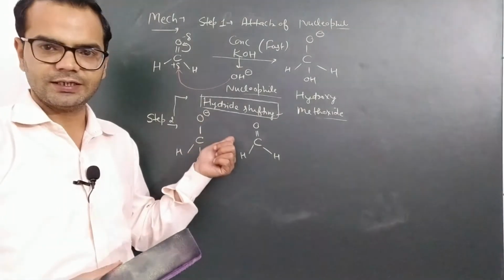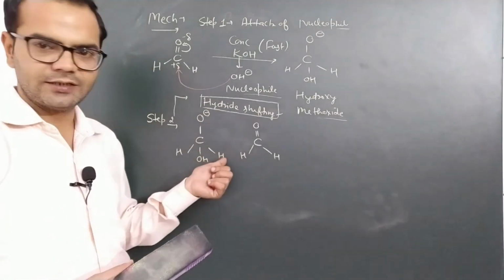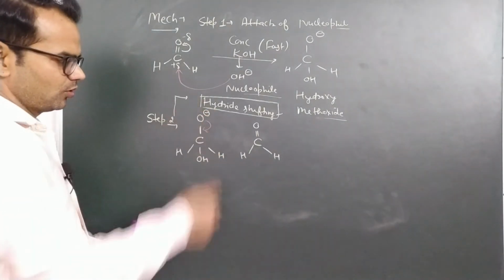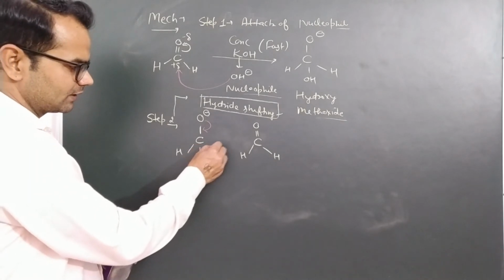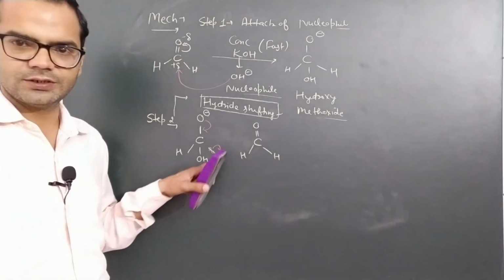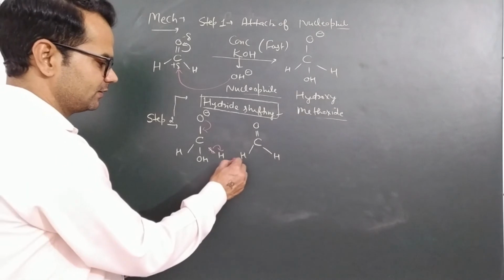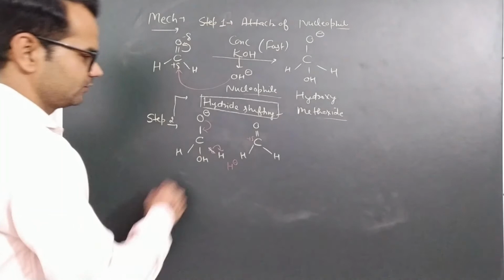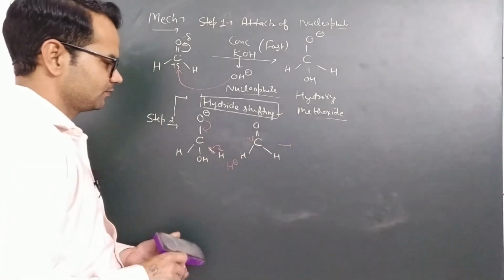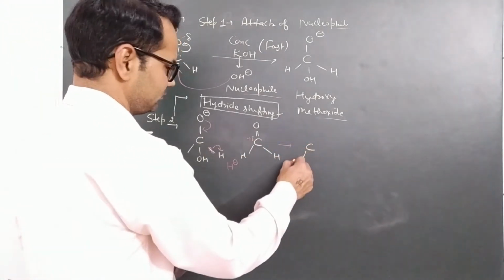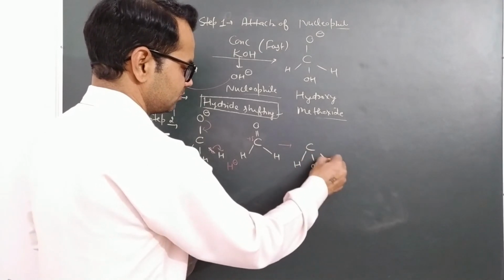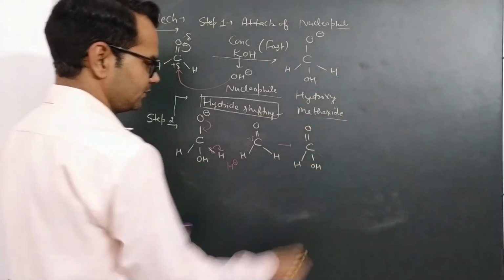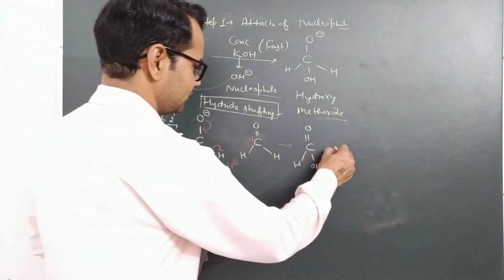Hydride is H negative. Now how will H negative form? This negative charge comes in, this bond becomes double, so these two electrons are given to hydrogen, and hydrogen is removed as an H negative ion, and this H negative attacks the positive center. This bond is broken, this becomes double, and now we have the second molecule.